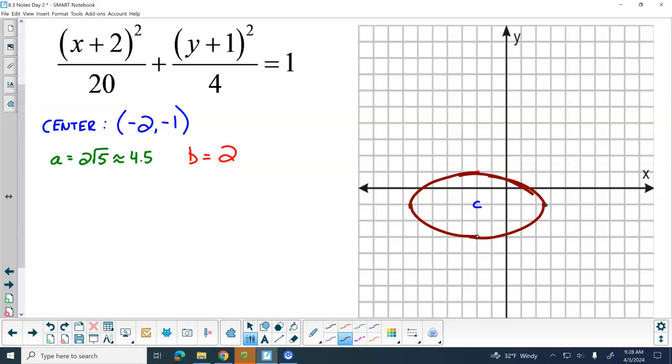Okay, now vertices. Extended out horizontal, correct? Which means I have to add and subtract my a value to the x part of my center. So my vertices would be at -2 plus or minus 2 square roots of 5, comma -1.